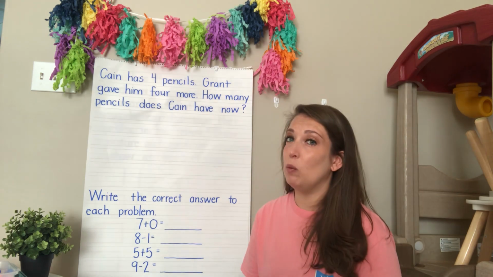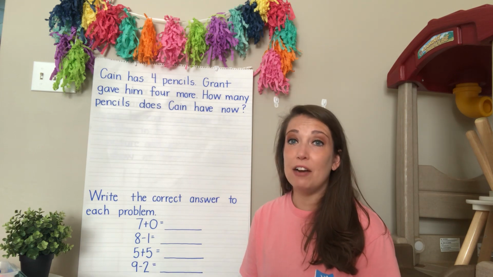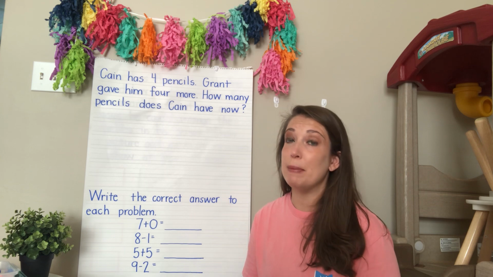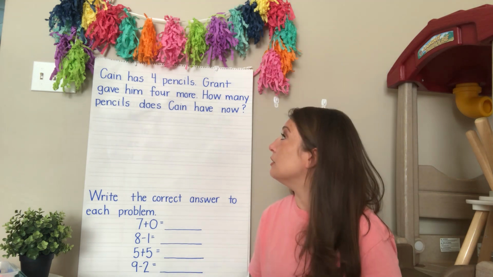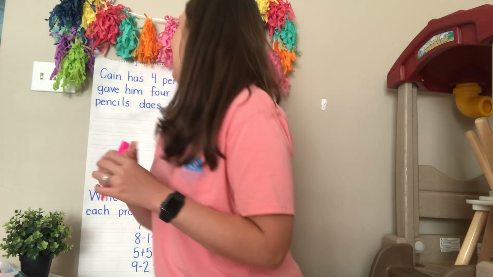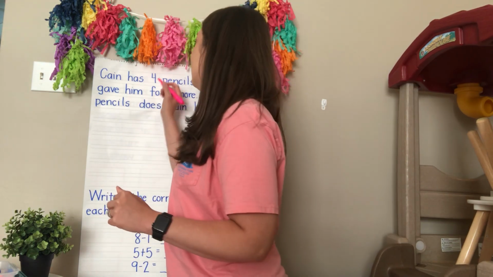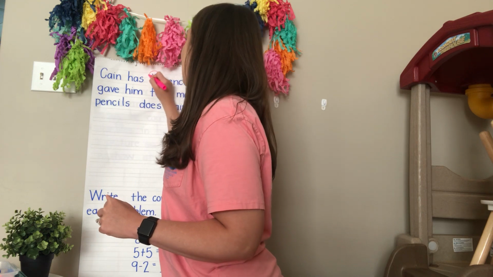Okay, I'm going to read it one more time, and as I read it, I'm going to circle the numbers or important information that I need to know in order to solve this problem. Okay, let's read it again. Cain has 4 pencils. That 4 is very important. I need to know that.